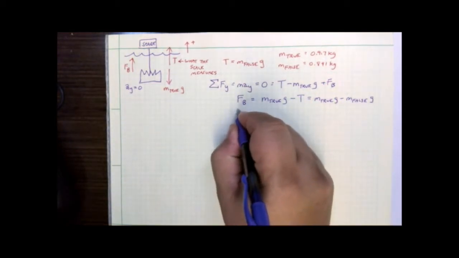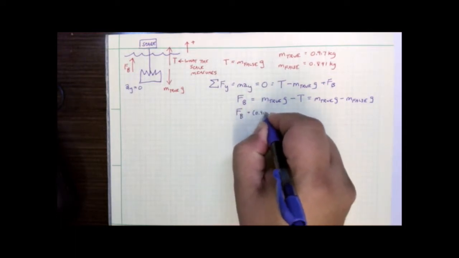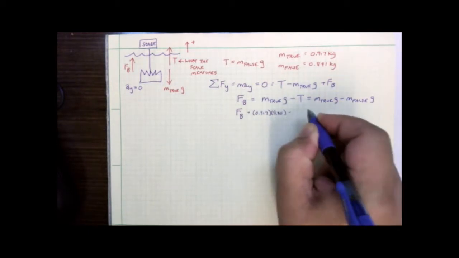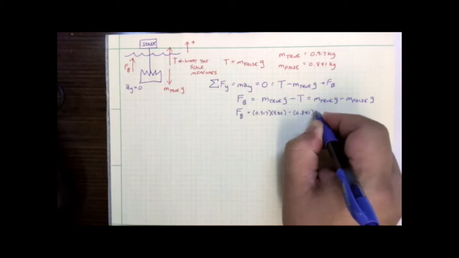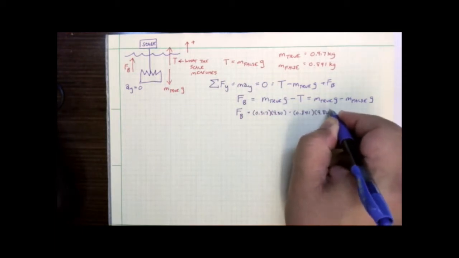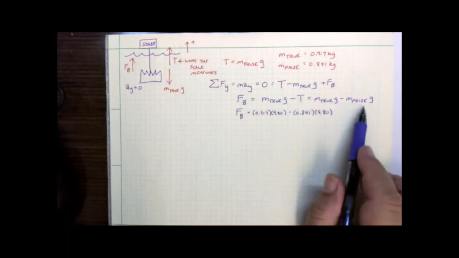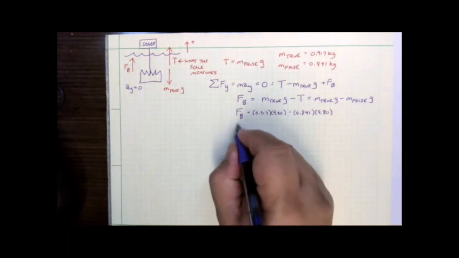So now we can plug in the values for the true mass, 0.917 kilograms, and the false mass, 0.841 kilograms. Always remember that we need to multiply by g because these are forces. These are weights, not masses. So we must always multiply by 9.8.